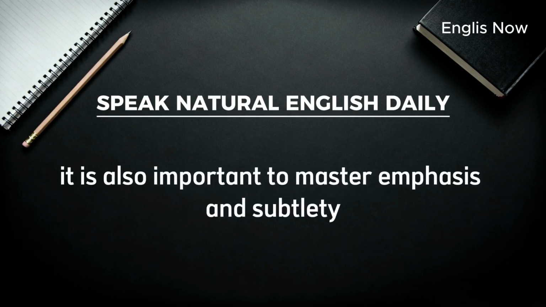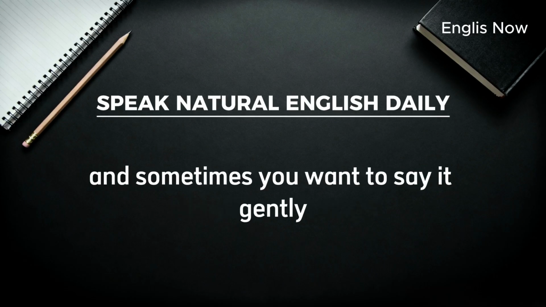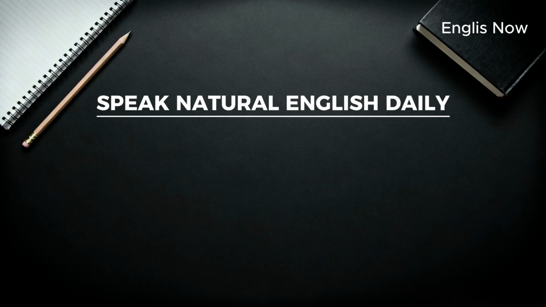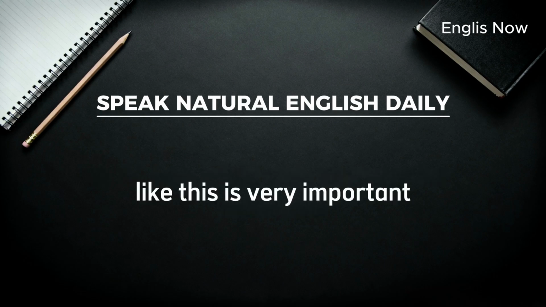At C2, it is also important to master emphasis and subtlety. Sometimes you want to highlight something strongly, and sometimes you want to say it gently. At B1, you might only use "very" for emphasis, like, "This is very important."